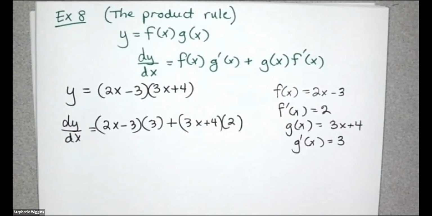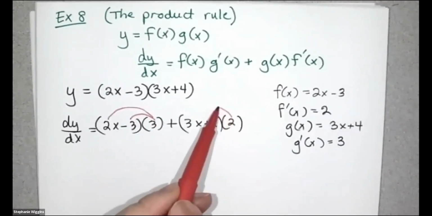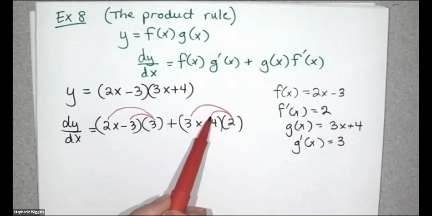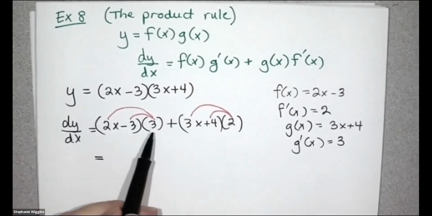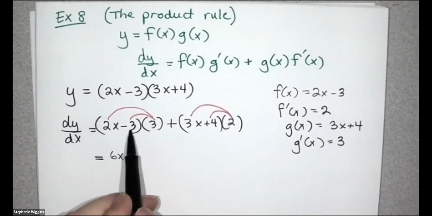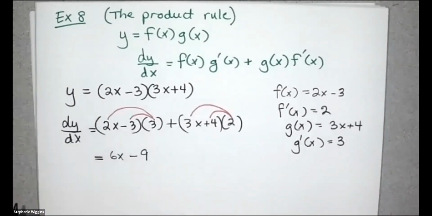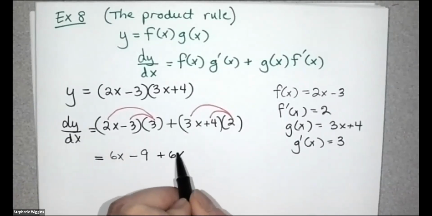And now to simplify this, I need to distribute these constants using the distributive law. So 3 times 2x is 6x. 3 times negative 3 is negative 9. 2 times 3x is 6x.